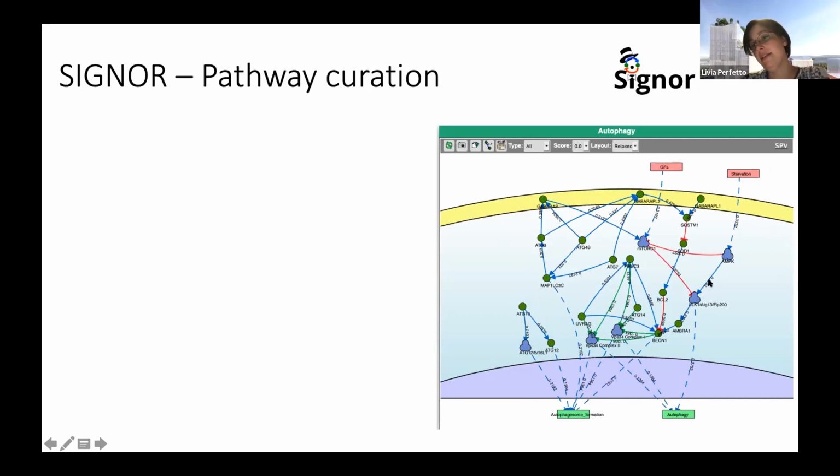Finally, we have the cytoplasm and a hyperspace to annotate phenotypes. As you can see, we have different types of entities: these reddish rectangles are the phenotypes, these are the stimuli, and we also have the complexes, and these green nodes are proteins.